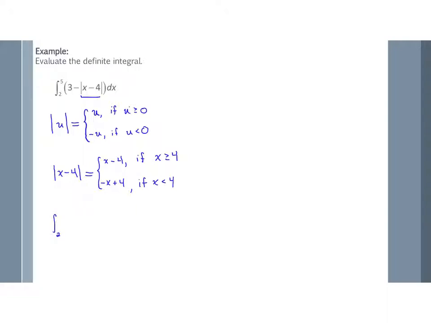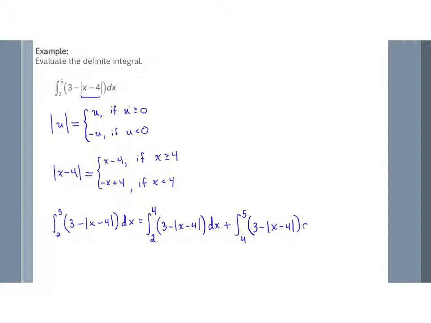So the integral from 2 to 5 of 3 minus the absolute value of x minus 4 dx equals the definite integral from 2 to 4 of 3 minus the absolute value of x minus 4 dx plus the integral from 4 to 5 of 3 minus the absolute value of x minus 4 dx.